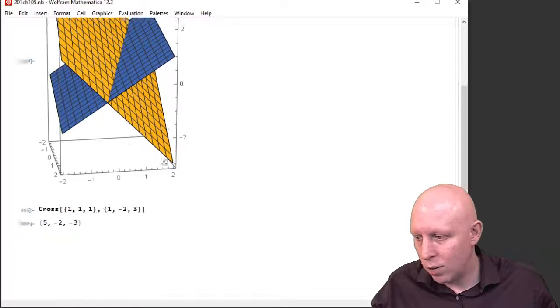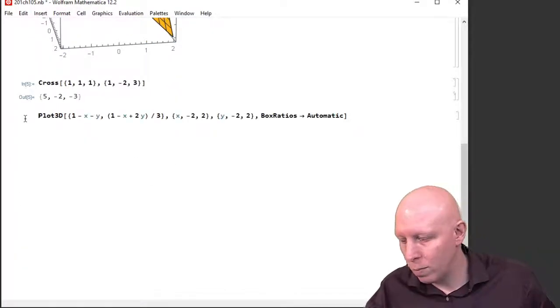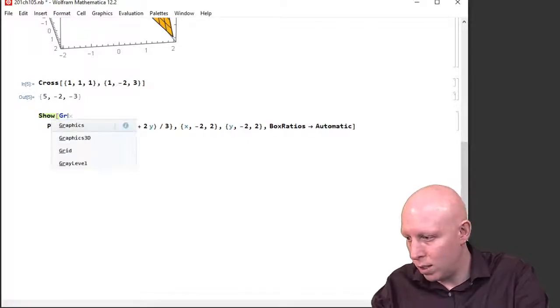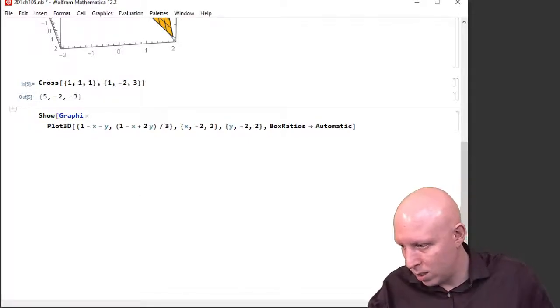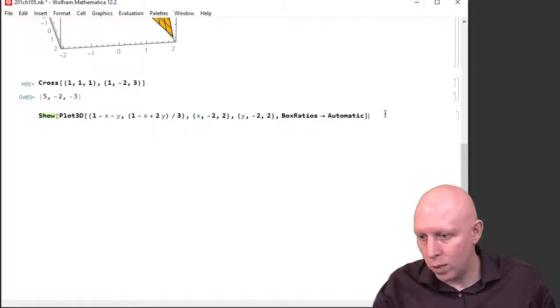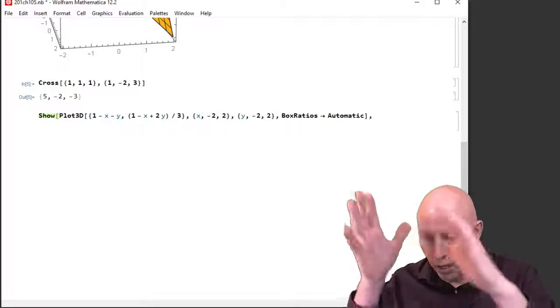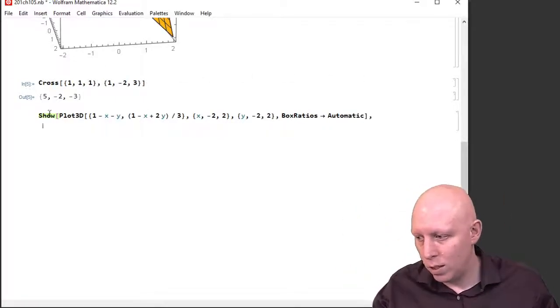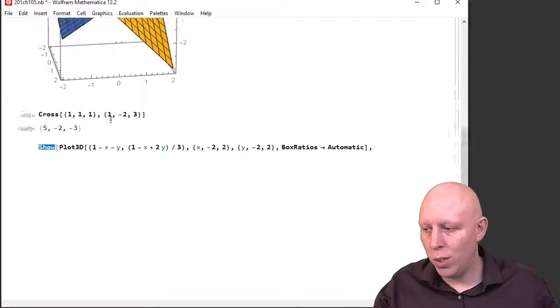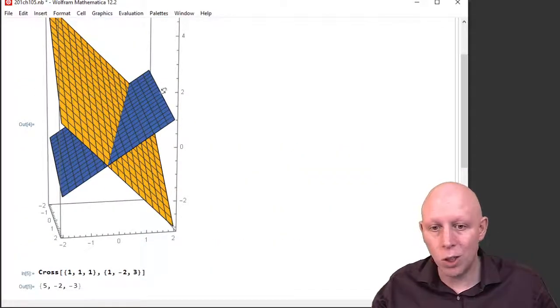So let's now show this line in here. First I want to create a graphics object. I'm going to put it after my equation so that I use that same picture, because when you use the Show command in Mathematica, it always puts everything in the first picture.